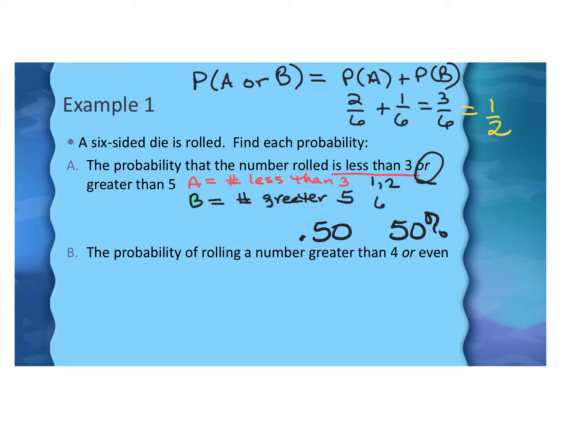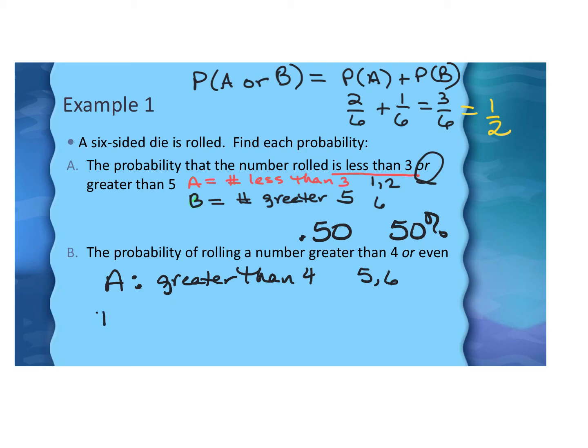Let's try the next one. Probability of rolling a number greater than 4 or the number being even. So event A is going to be greater than 4. And those numbers on the dice are going to be the numbers 5 and 6.